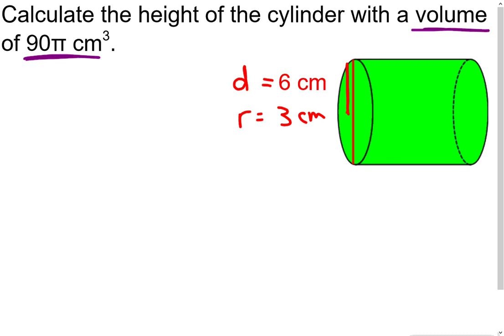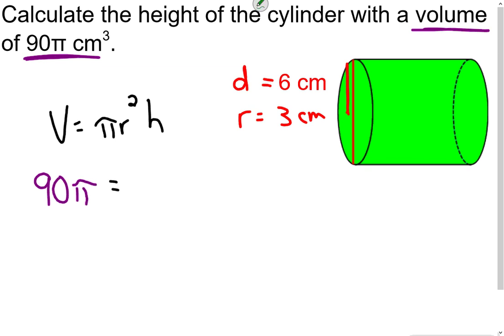Now, I can use that formula from the previous page that said volume equals area of the base, which is right here, and then times the height. And now it's just a matter of plugging in the things that we know. Well, I know that V is 90 pi. That might look a little different for some of you, but it's okay, just put it in there.